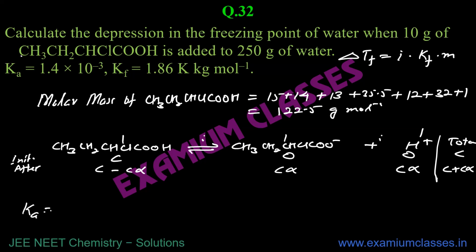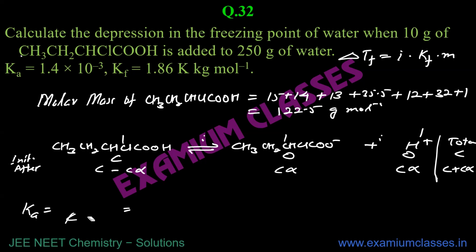So instead of writing Ka equals C alpha times C alpha divided by C, here this is C(1 minus alpha). So whether you write C minus C alpha or you write C(1 minus alpha), C and C got cancelled. You might say it is C alpha square divided by 1 minus alpha, but this alpha is very, very small, so we will neglect it in the denominator. So it will be just C alpha square. You don't need to write this much.